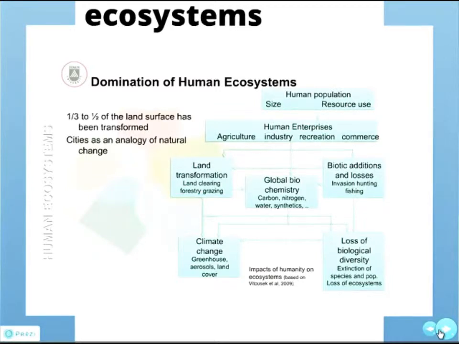So the human ecology, the structure, we create this new agriculture, industry, recreation, and commercial systems. And of course, once we create this organization, this institution in a way, that would affect nature in 3 different ways. The first one is through land transformation.